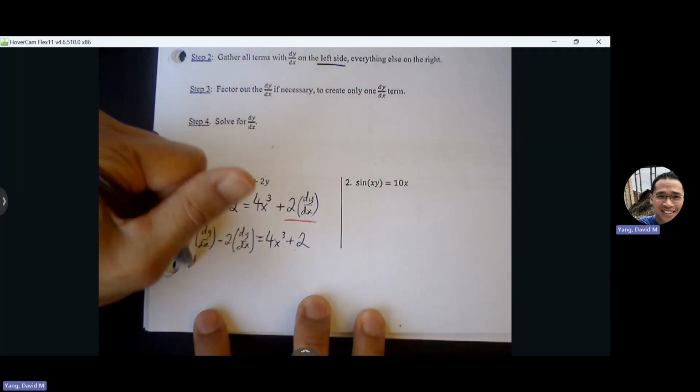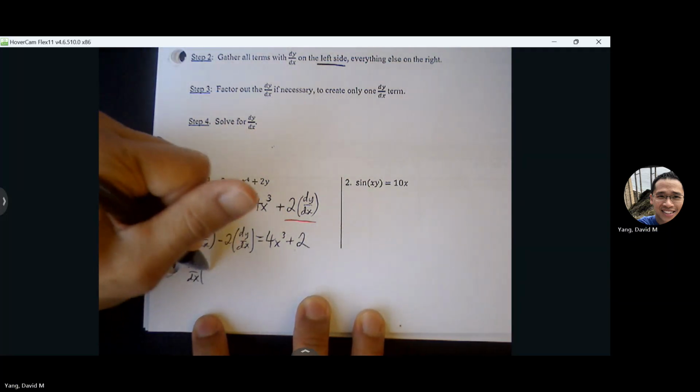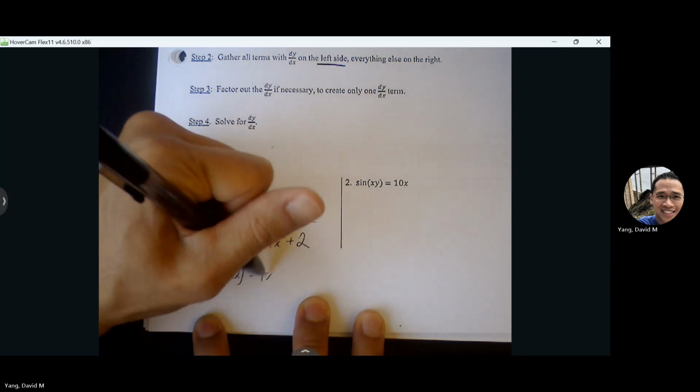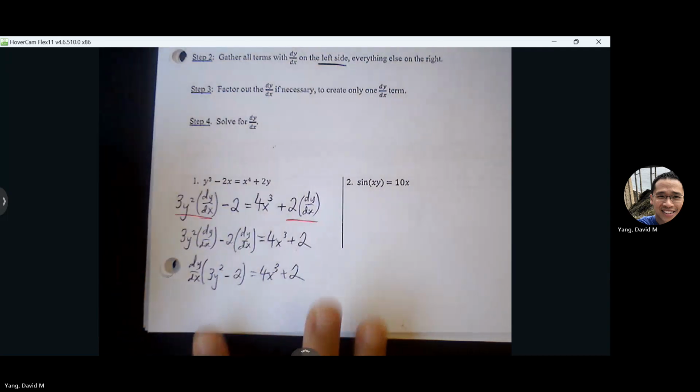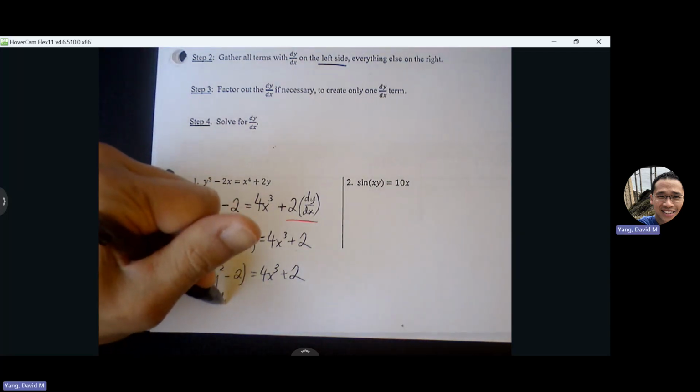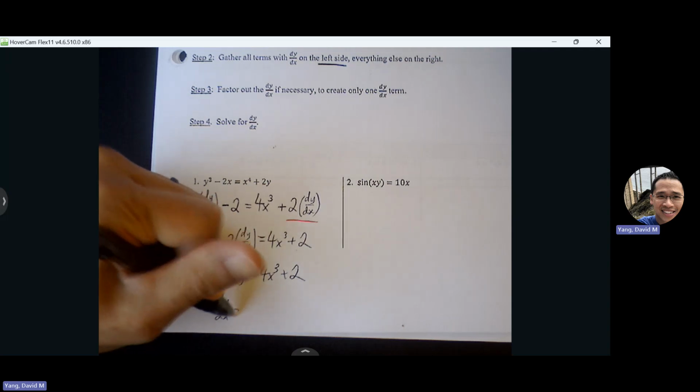Factor dy dx out. And then your final step, divide the parentheses over. And then now you've isolated your dy dx.